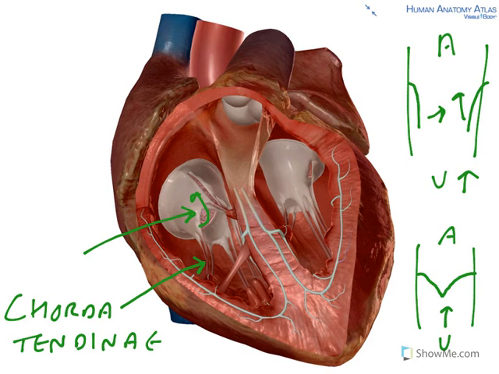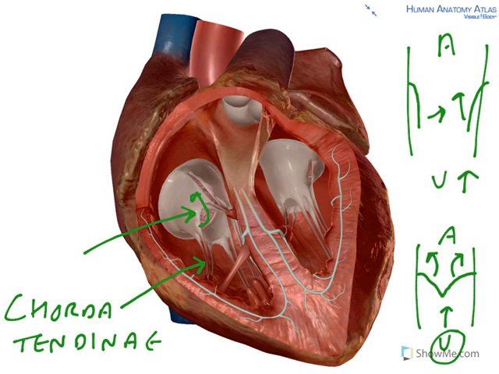So the chorda tendinae have a very important role, because what you might be able to imagine is that if the pressure in the ventricle was sufficiently high, it could actually blow the valve inside out. So can you imagine that these valve leaflets could be blown inside out, allowing blood to go from the ventricle to the atrium?